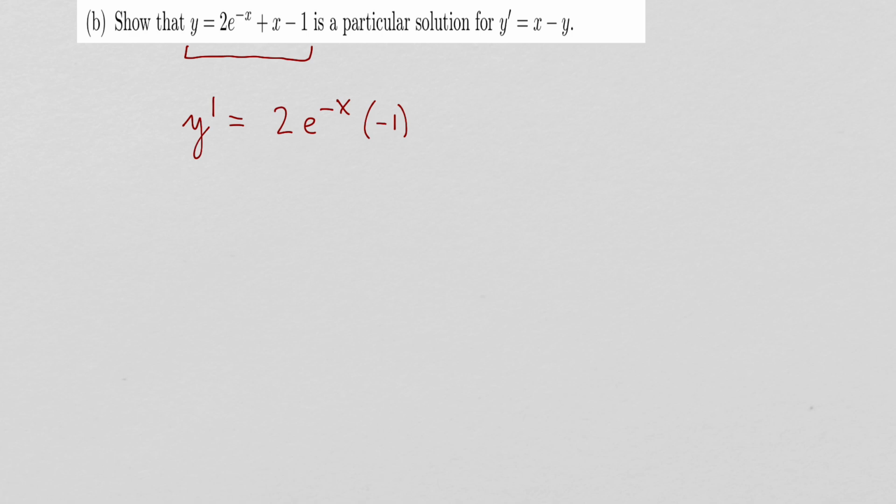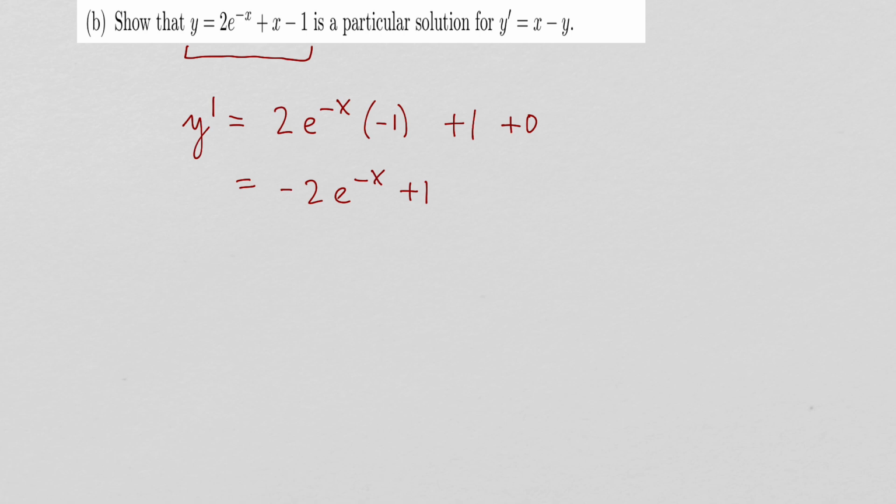That's the first term. Derivative of x is 1 and derivative of minus 1 is 0. So we can write the derivative as minus 2 times e to power minus x plus 1.